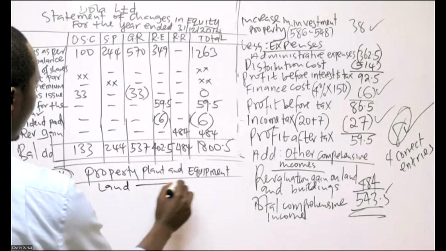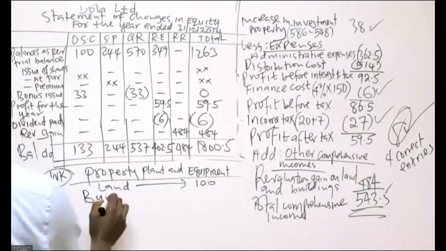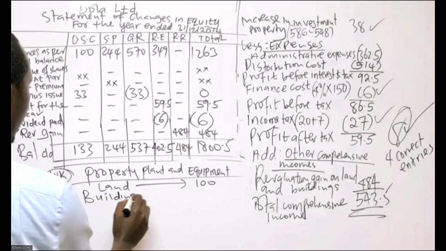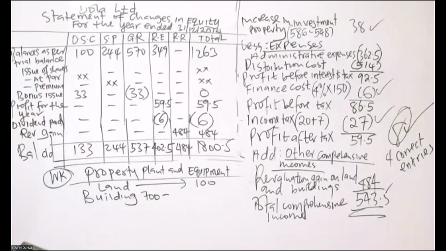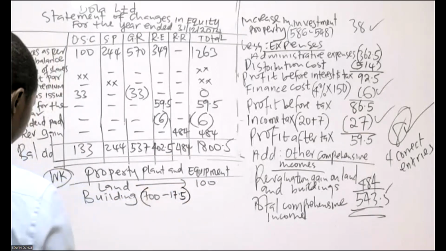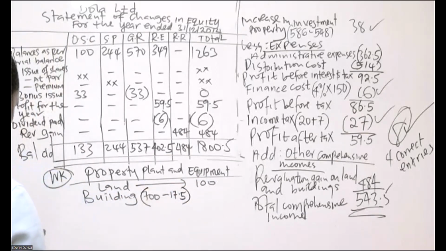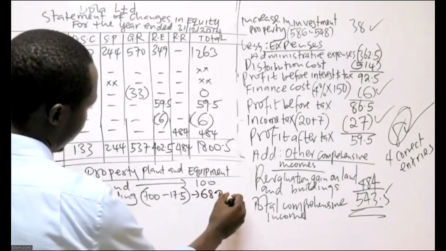Land was revalued to 100. What about building? 700. But it was depreciated over 40 years. So the depreciation for that current year is 17.5. So we need to minus. So 700 minus answer, 682.5.